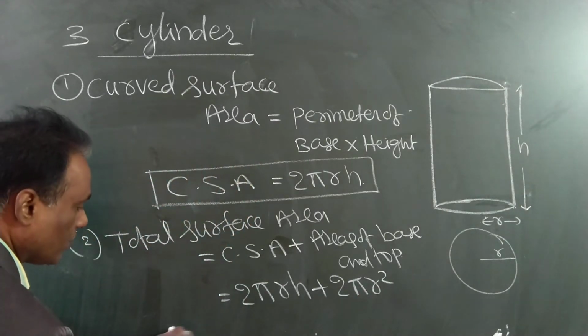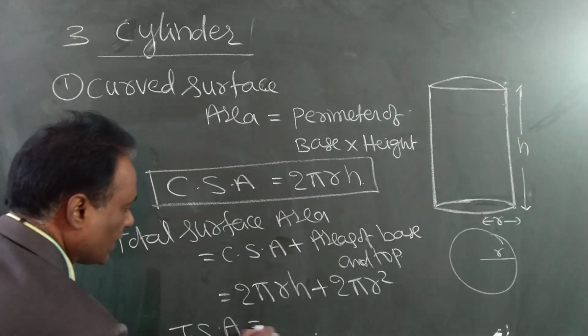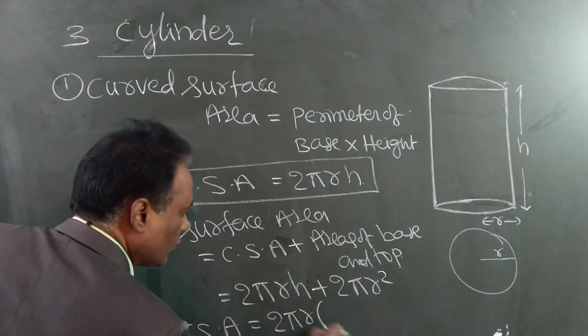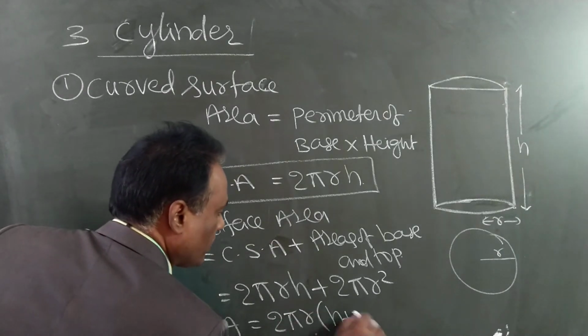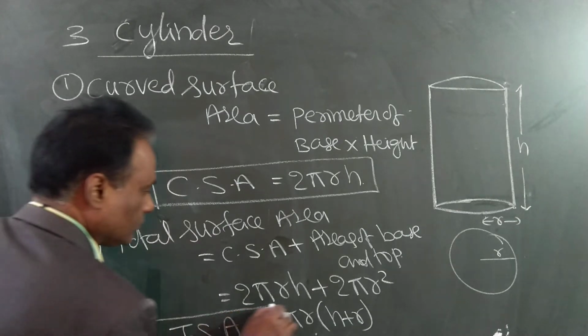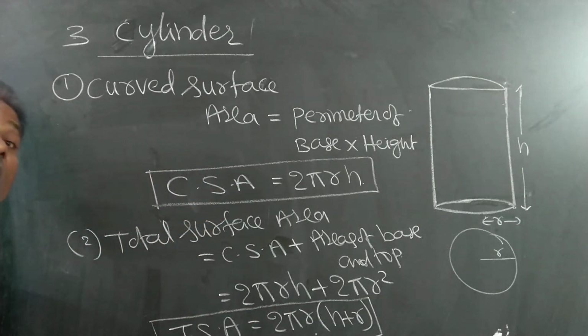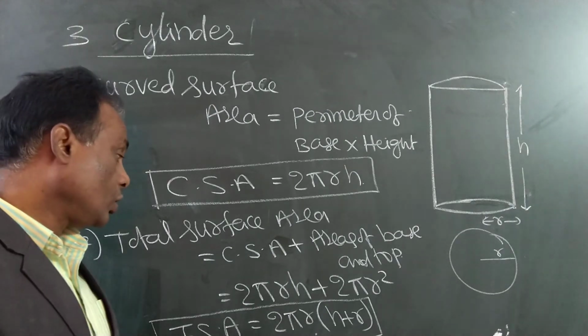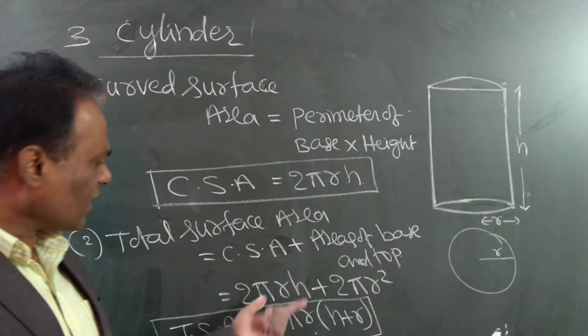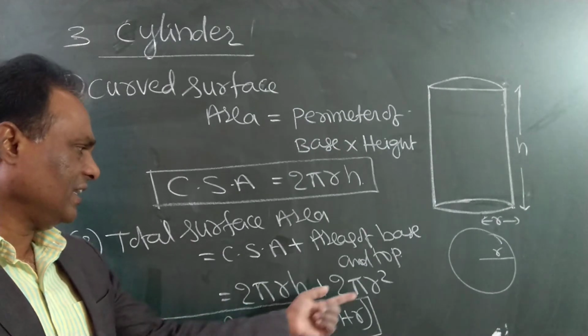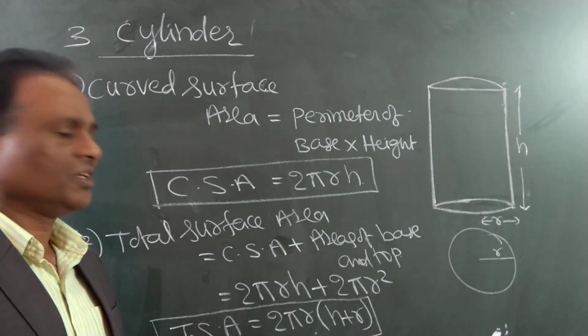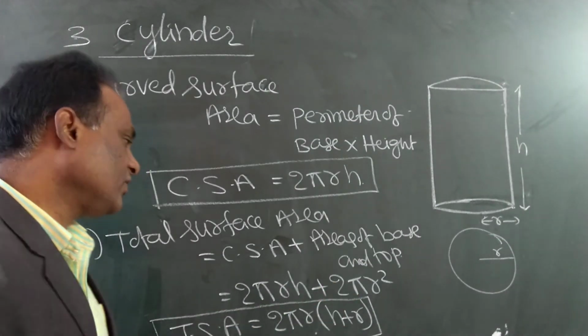Therefore, remember this formula: total surface area is equal to, taking 2 pi r common, 2 pi r into h plus r. Directly remember this formula for the total surface area of the cylinder, 2 pi r into h plus r. Or we can write it like this, both are the same. Here I take 2 pi r common, 2 pi r into r plus h or h plus r.